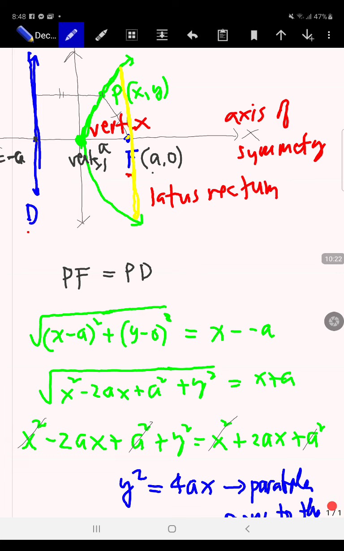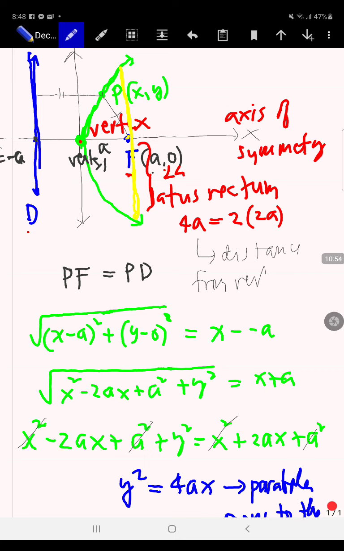As you can see, the length of the latus rectum is 4a, which is twice 2a, which is twice the distance from the vertex to the focus. a is the distance from vertex to focus.